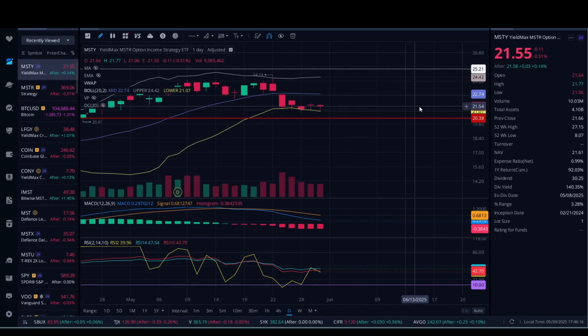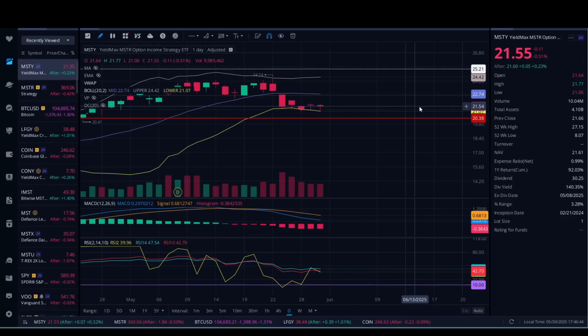Now for MSTY, when I'm looking at the charts, really the only thing that I'm looking for is a buy price. I'm not necessarily evaluating MSTY itself because MSTY uses MSTR as the underlying. Therefore, if you want to evaluate it, you would need to evaluate MSTR.